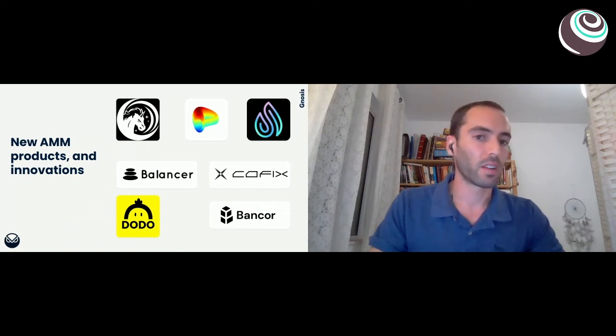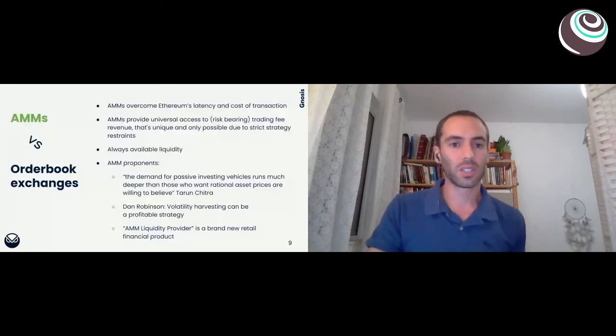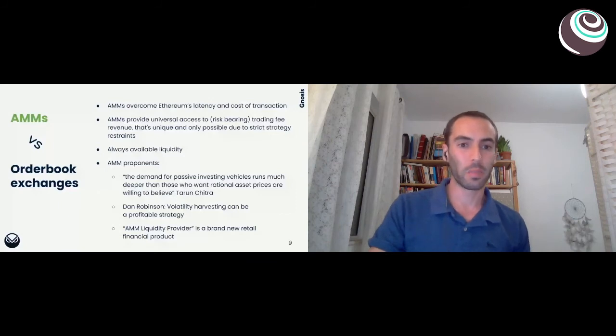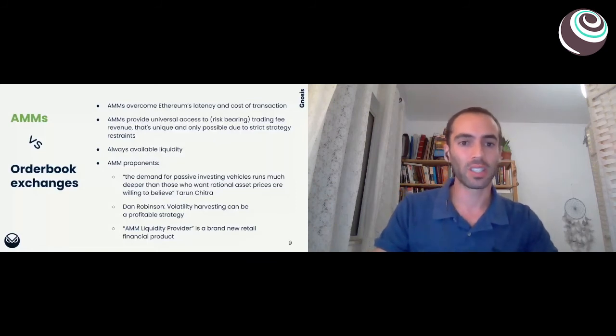Liquidity is always available to traders, and I also added here some quotes from AMM proponents. For example, Dan Robinson said that volatility harvesting, which is essentially the strategies that LPs use, can be a profitable strategy, and AMM liquidity providing is a brand new retail financial product.